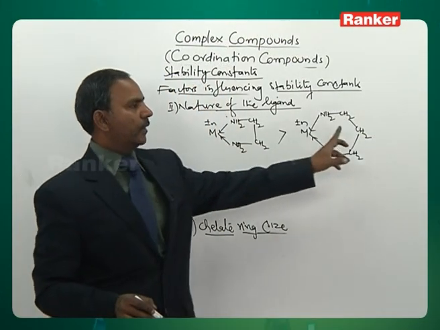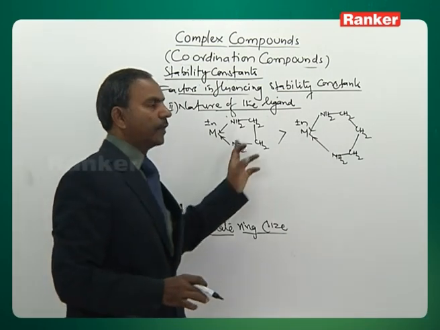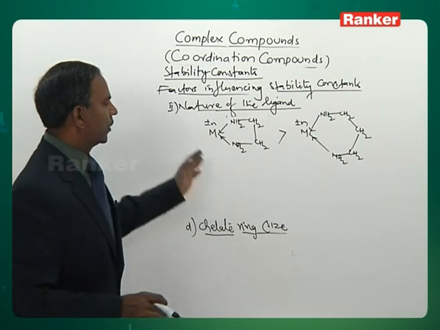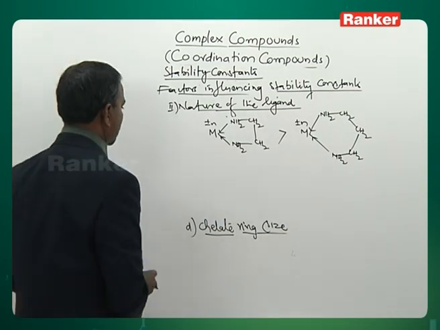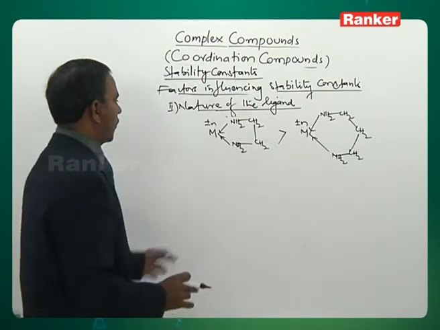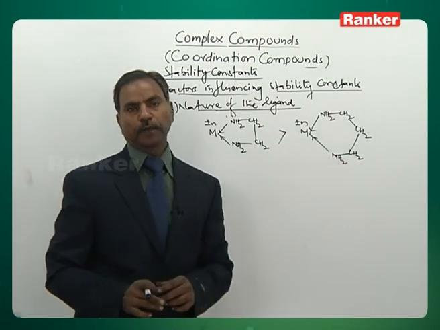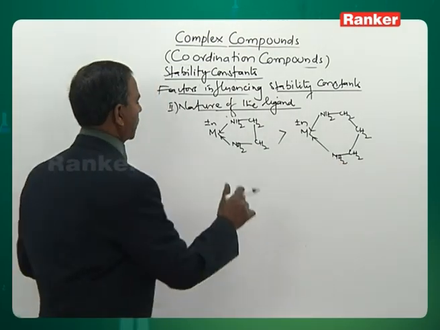MEN complex is more stable than what? TN complex, and this is a 5-membered ring, that is a 6-membered ring. This is the order of stability. Once you talk about chelate ring size, a 5-membered ring is more stable than a 6-membered ring, provided both the rings are saturated. So this is the order of stability.